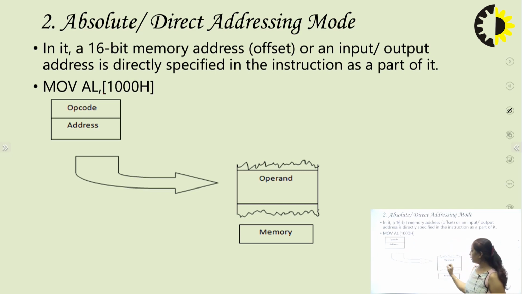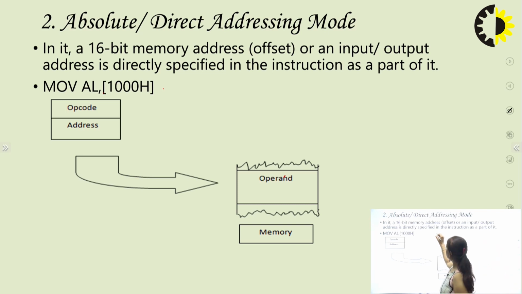That address will be present in the operand, and this operand will be part of your complete memory. Its physical address will be calculated, and then the byte present at that physical address will be moved to AL, because your AL is capable of storing 1 byte only.